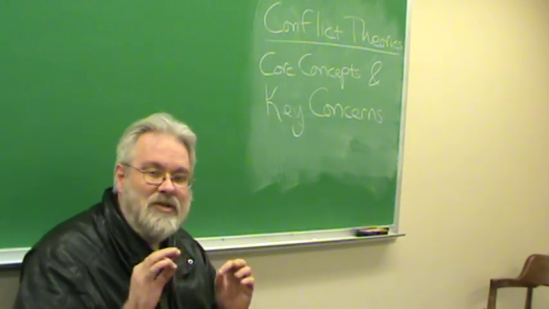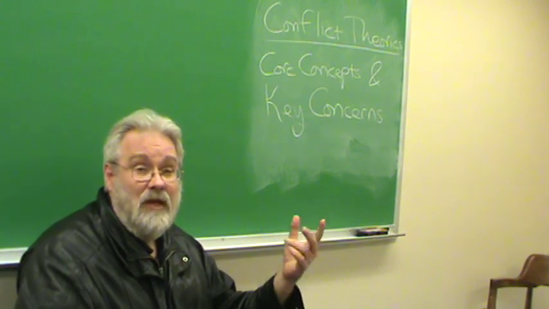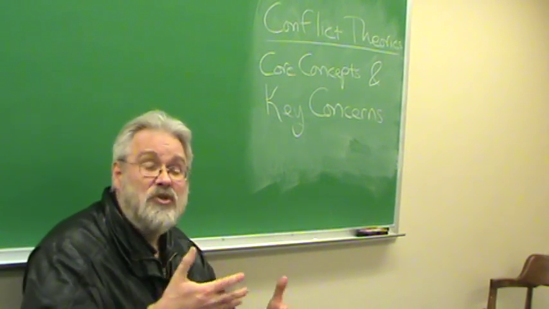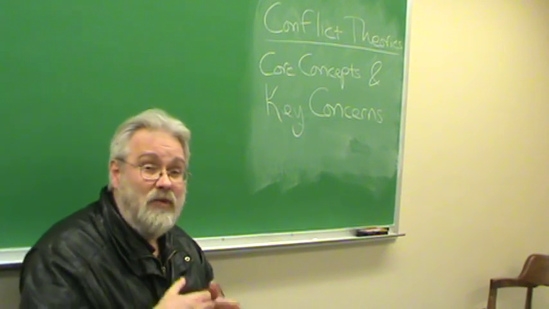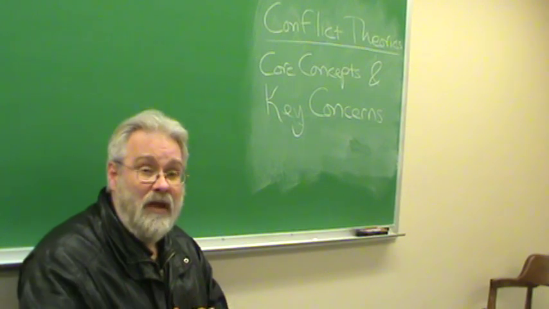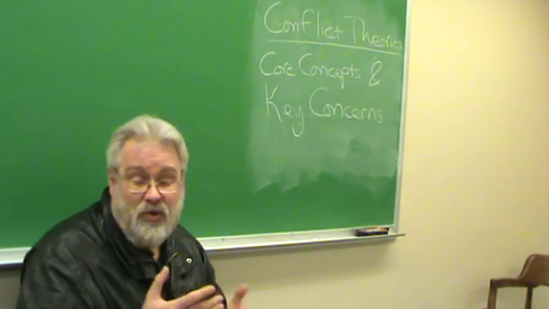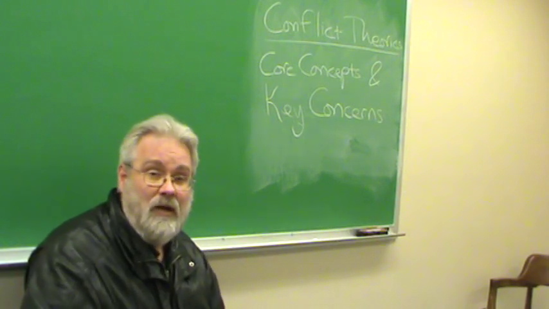Just to give you a little taste of how that might work. Conflict is largely determined by which groups have more or less power. And the result of power and conflict is to produce patterns of inequality, which feed back on, well, who fights with who, over what, who wins, and who has more power and less power.